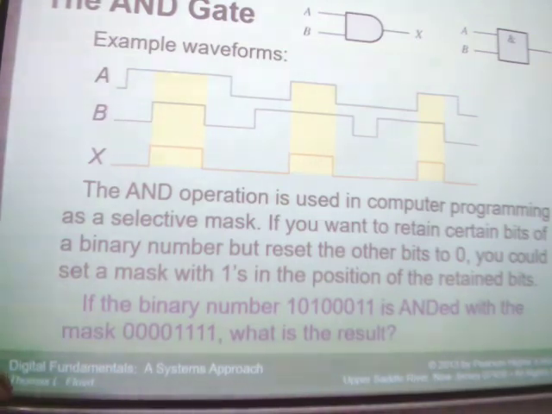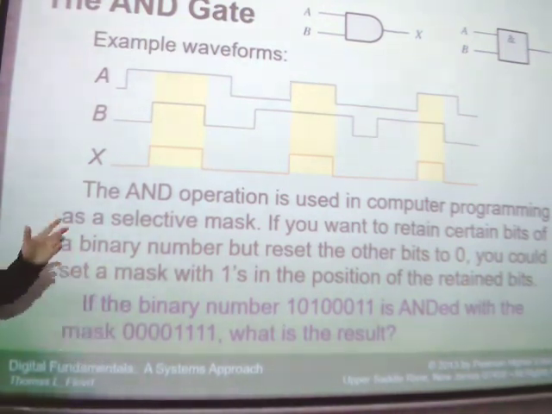For example, if the binary number 1010011 is ANDed with the mask 0001111, what is the result?